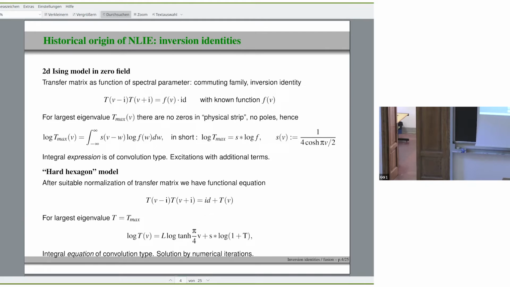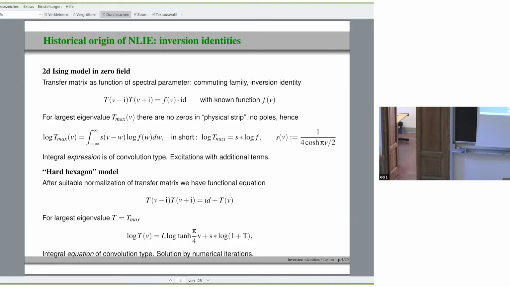We take the logarithm and Fourier transform, and then we get an integral equation. On the left-hand side, we have log of t. Instead of t max, I just write t. And on the right-hand side, we have S, the kernel, convoluted with log of 1 plus t. So t on the left and right is the same unknown, but it can be calculated from an iterative treatment of this equation.